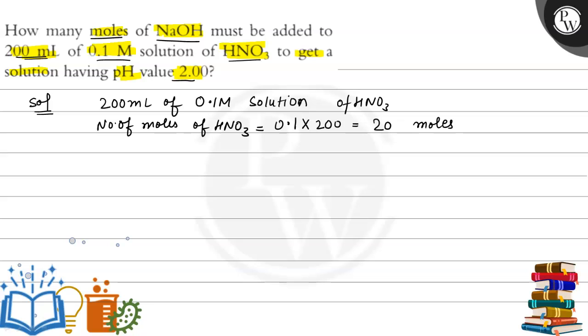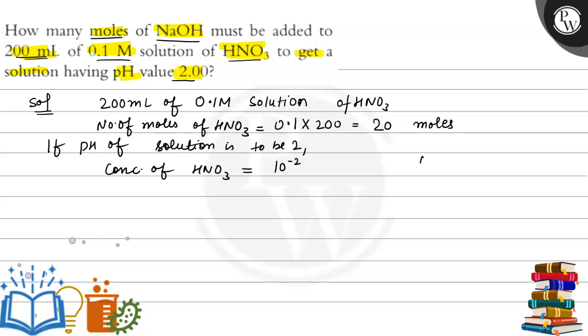So that means if the pH of the solution is to be 2, what does this mean? The concentration of HNO3 must be 10 to the power minus 2. Why is that? pH is equal to minus log of H positive ions.